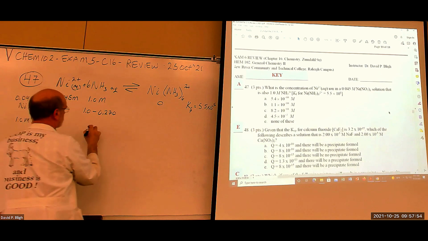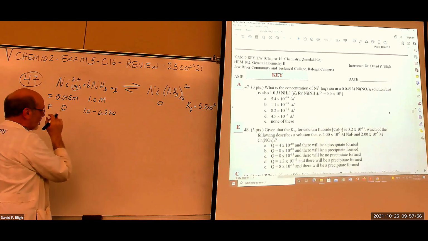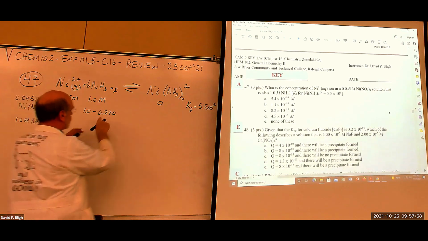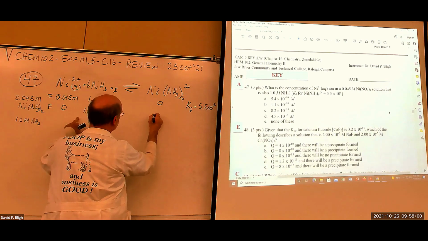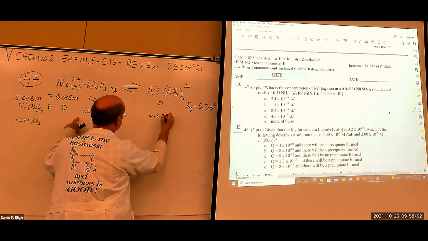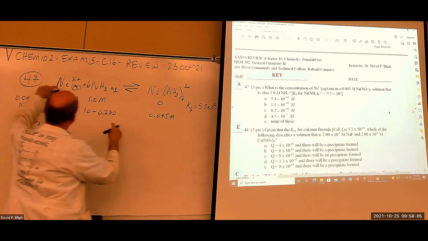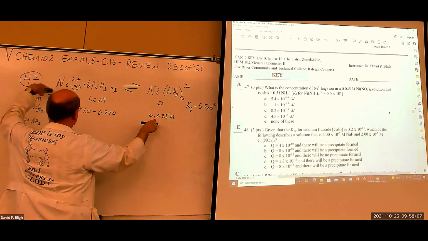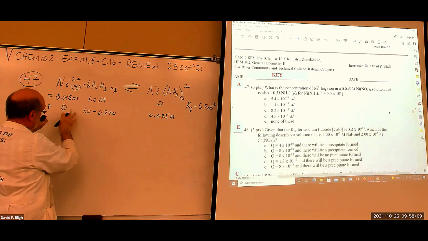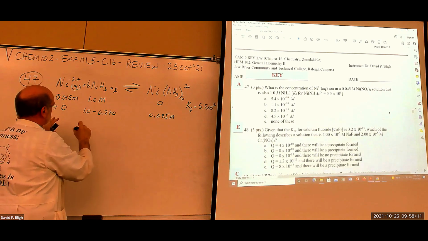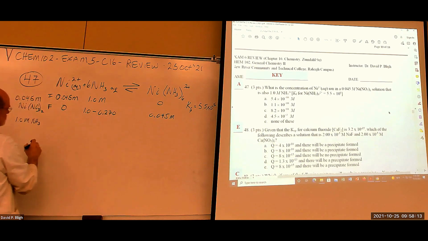Okay. And what do we get over here? Well, now we have 0.045 molar because it's 1 to 1. Okay. So this is the stoichiometry part right here.